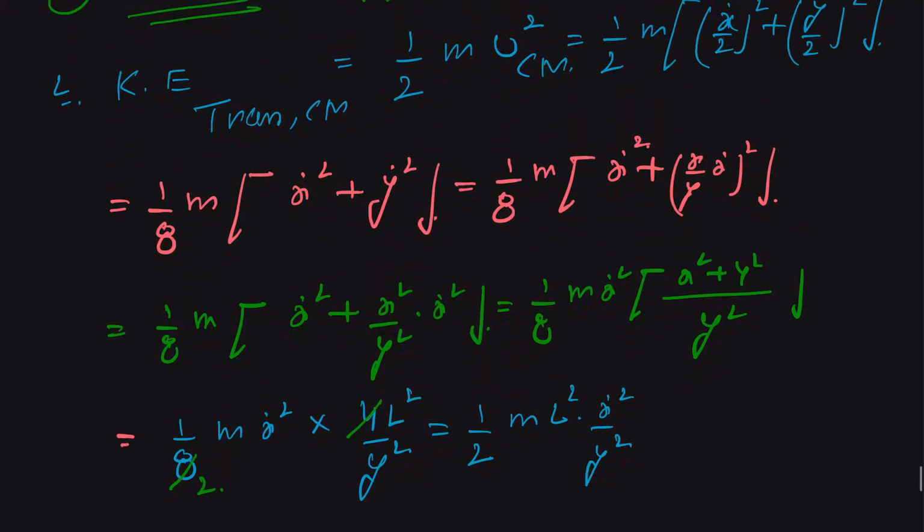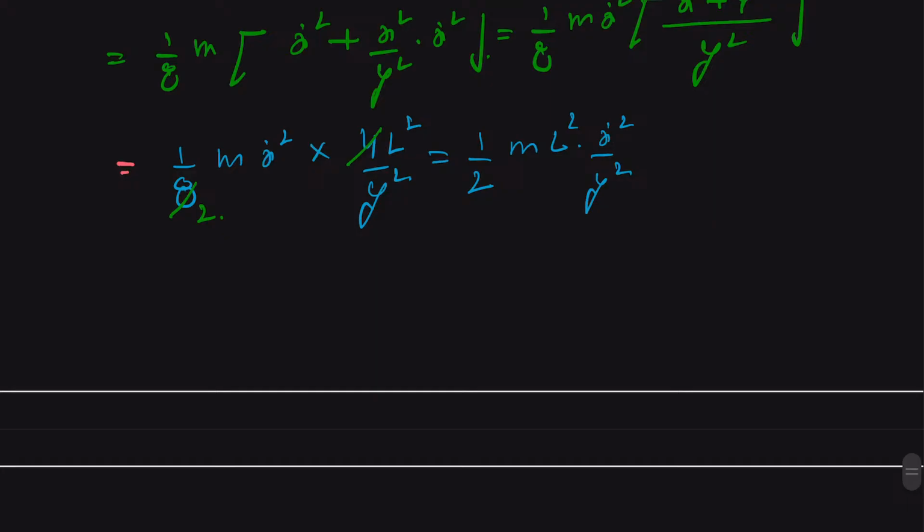This is our translational kinetic energy with respect to center of mass. Now we find out our rotational kinetic energy. So we can say our kinetic energy rotational with respect to center of mass will be equal to half moment of inertia of the center of mass times omega square, and moment of inertia of our center of mass, that is the center of the rod. And here we have to remember that the rod length is 2l.